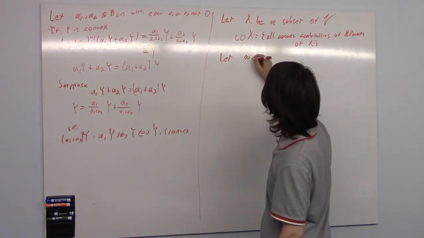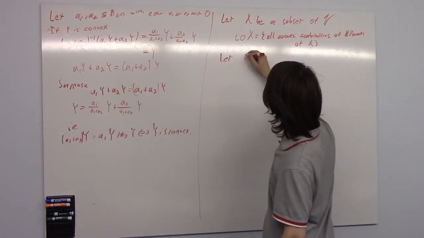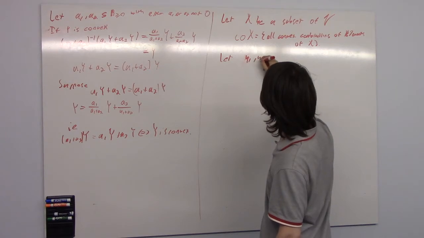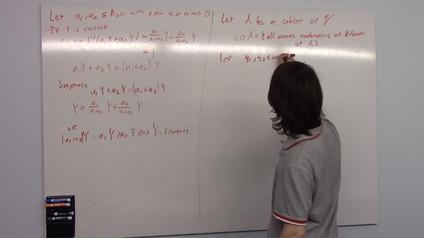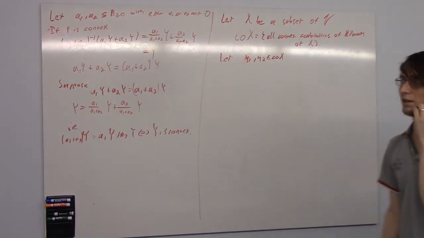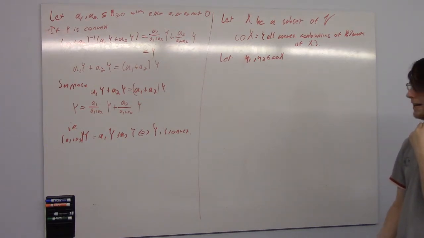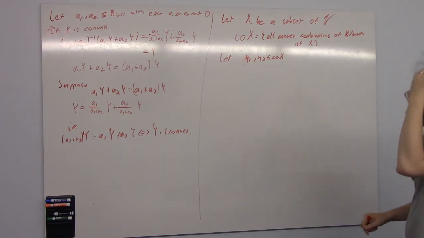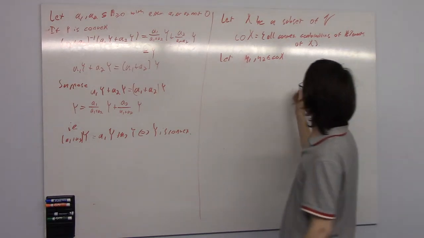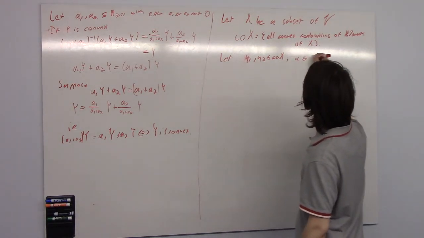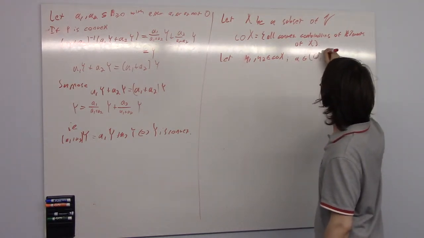So, let y1 and y2 be elements of what we're going to call right now CO of X, and a be an element of [0, 1].